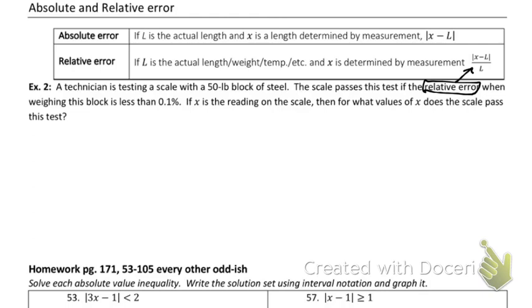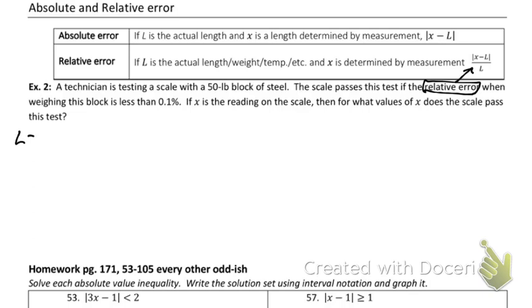Now let's talk about what L is. L is the actual length, weight, temperature, etc., and x is determined by the measurement. So L is that weight that we want. It is that 12 feet I want to cut. In this case, our L is going to be that 50 pounds.